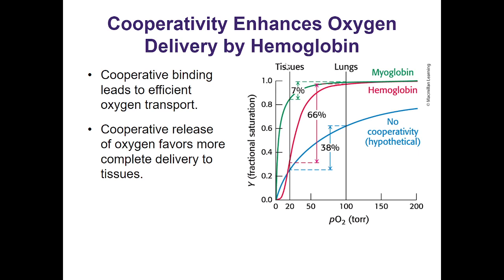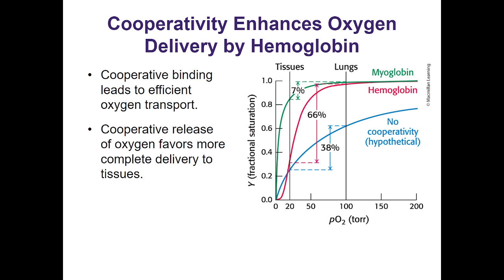And so if you trace these across on these curves, that gives you the amount of oxygen that you would release when going from the lungs to the tissues, right? So what we can see here is myoglobin, if we were to use that to transport oxygen from your lungs to your tissues, you would only transport 7% of that oxygen that you take in any given breath.